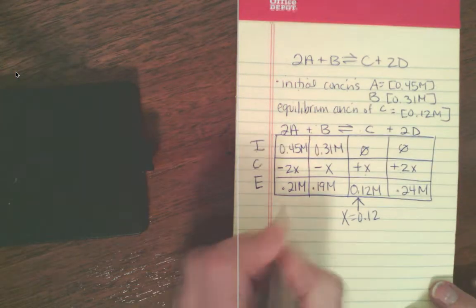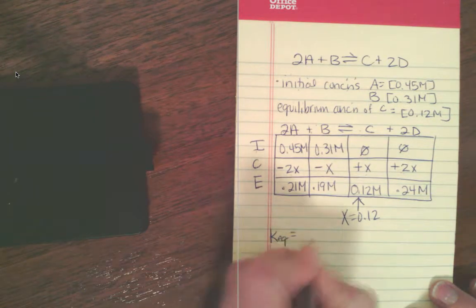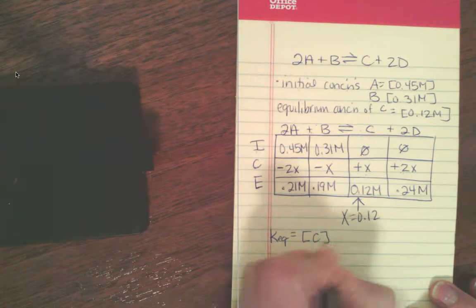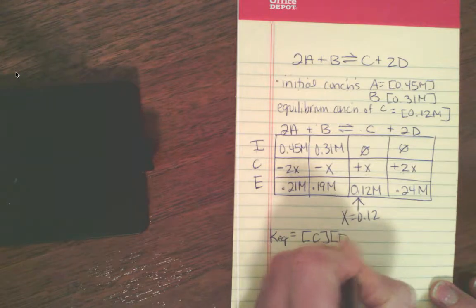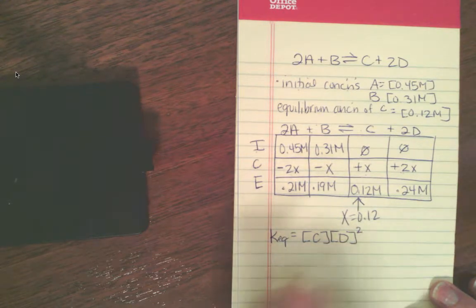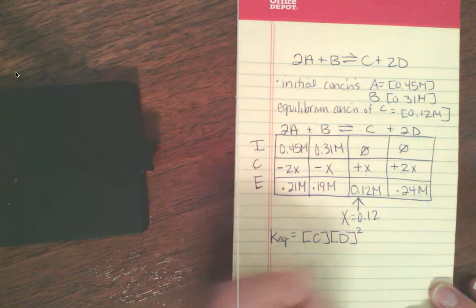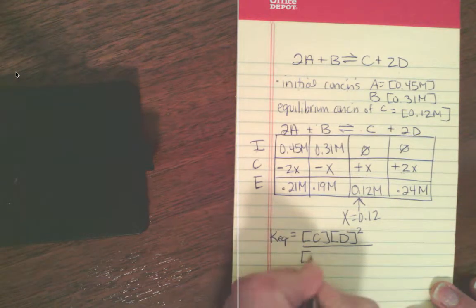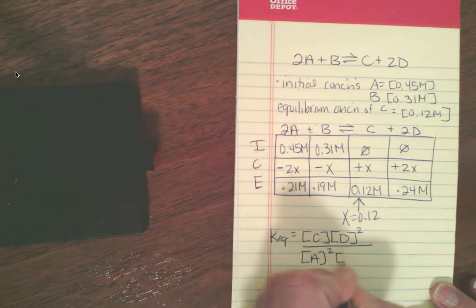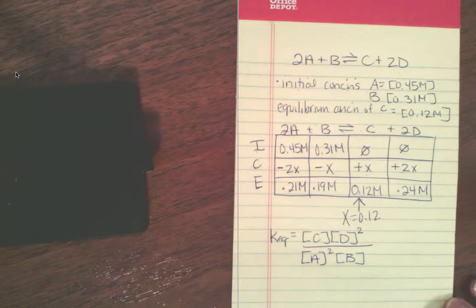All right, so now I can solve KEQ, and it's going to equal concentration of C multiplied by the concentration of D to the second power, because that 2 right there, divided by the concentration of A to the second power multiplied by the concentration of B to the first.